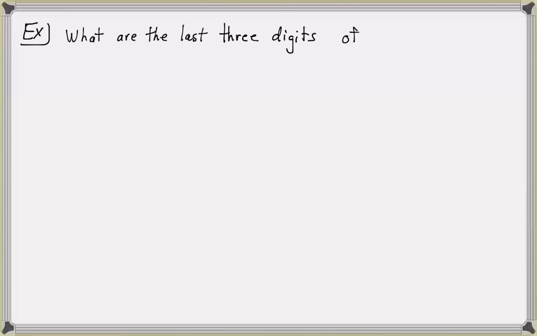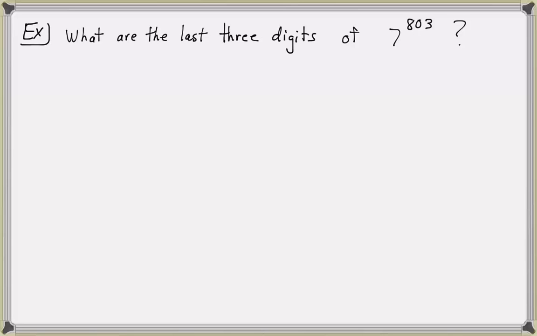Let's look at another example of Euler's theorem. What I want to know is, what are the last 3 digits of 7 to the power 803?